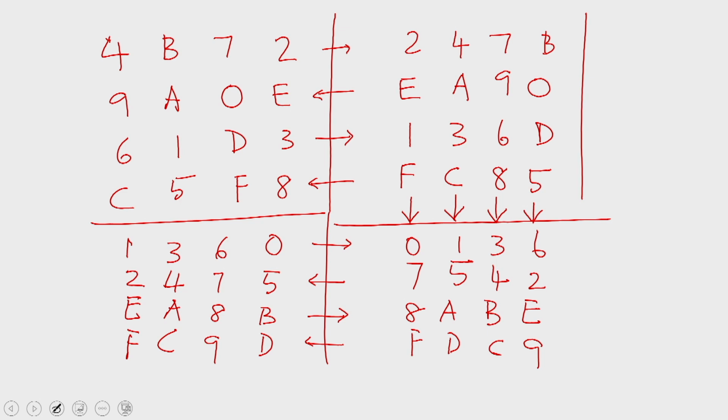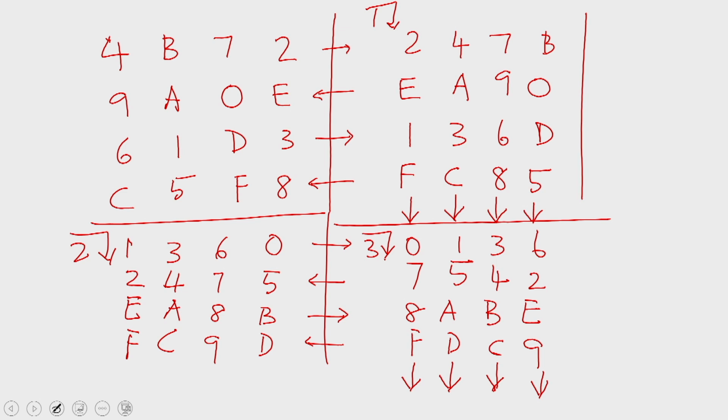So, after the first 3 phases, the array will look like this. Now, in the next phase, we once again sort the elements top to bottom. This is the initial array. This is the array after the first step. This is the mesh after the second step. And this is the mesh after the third step.